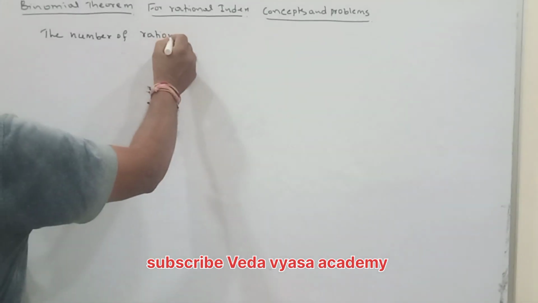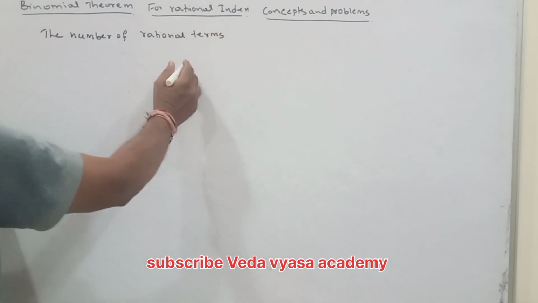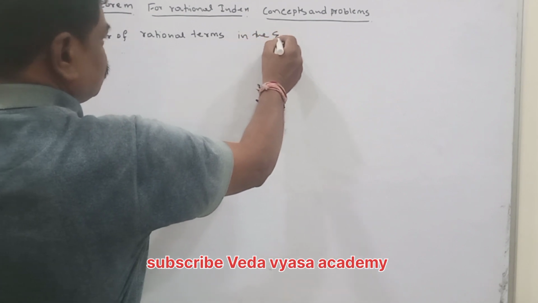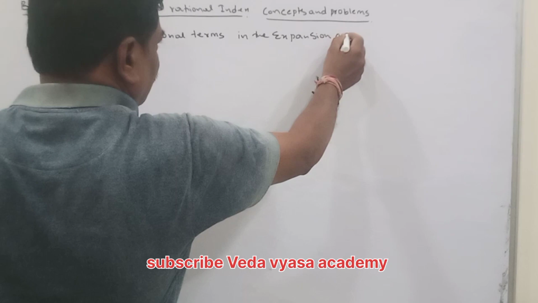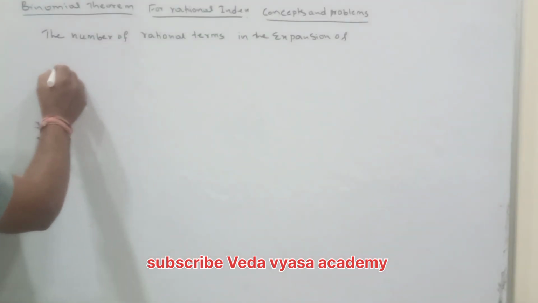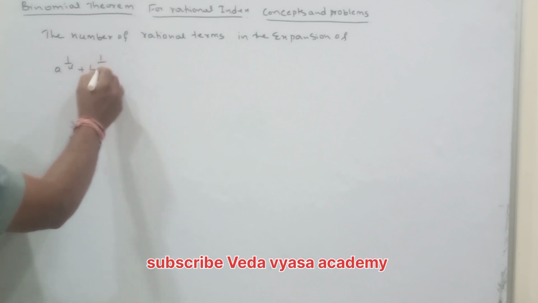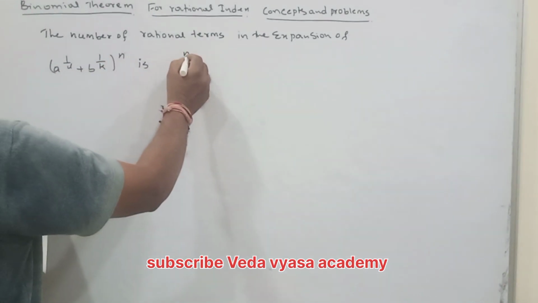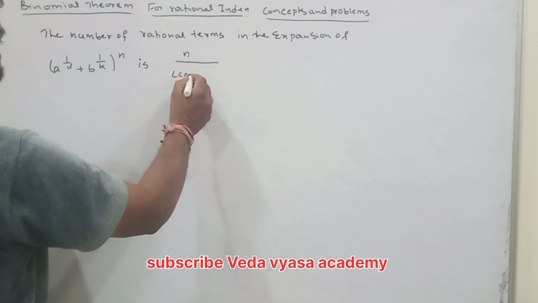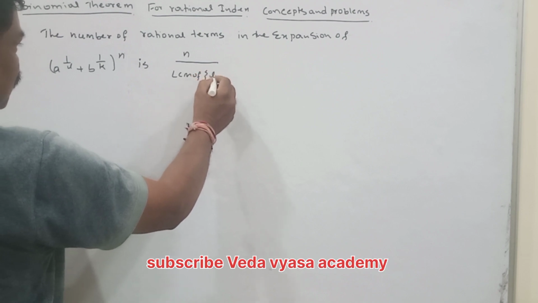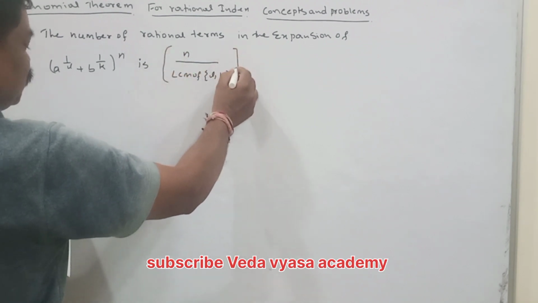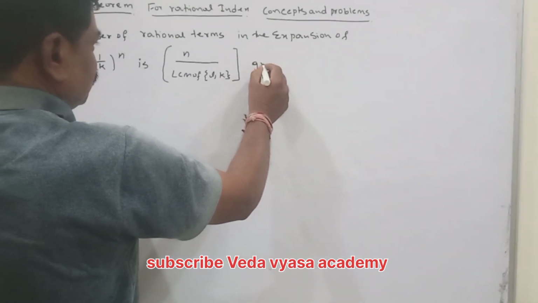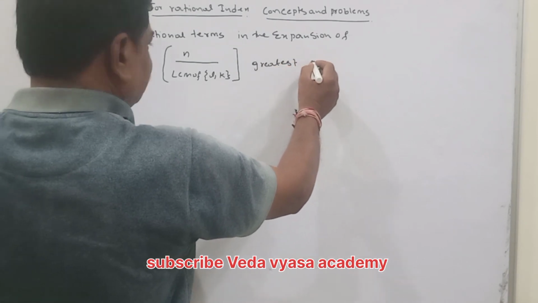The number of rational terms in the expansion of a power 1 by L plus b power 1 by k whole power n is the step of n by LCM of L comma k, where step is the greatest integer function.